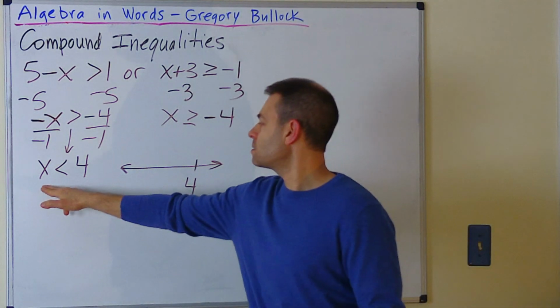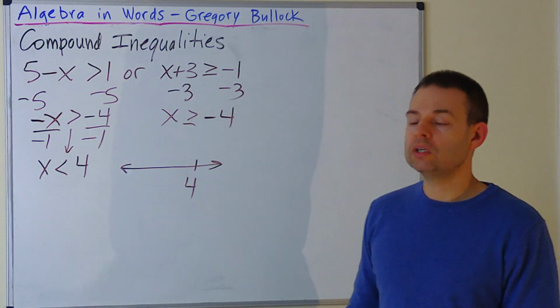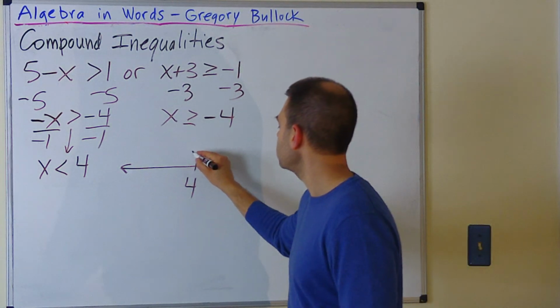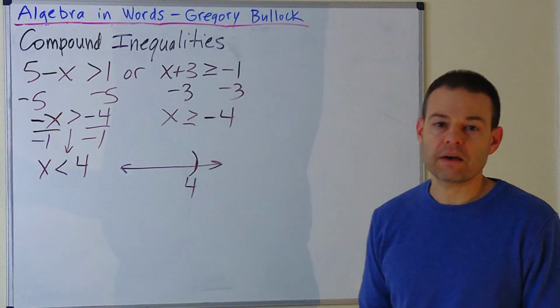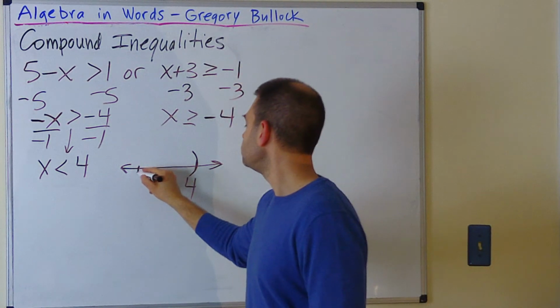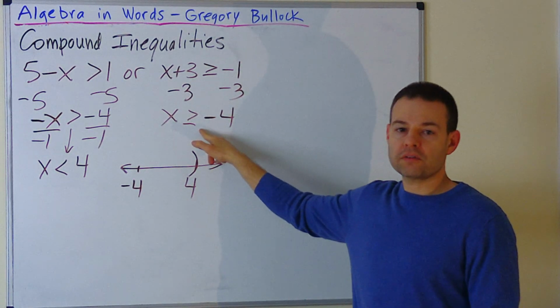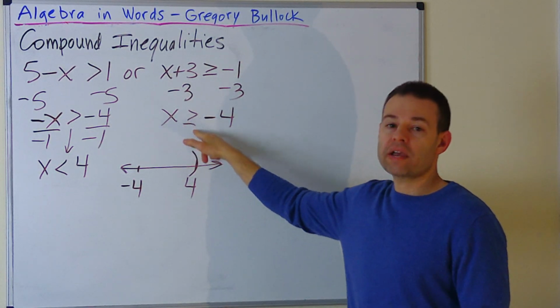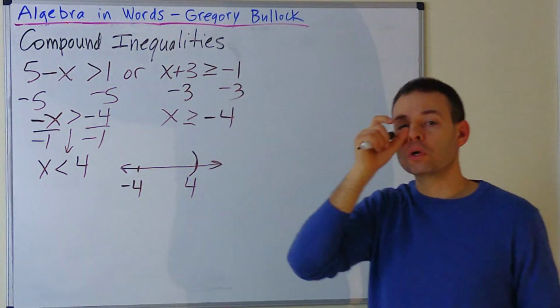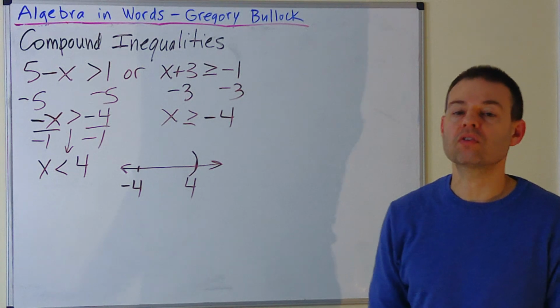And since x is less than 4, and it's a non-inclusive symbol, we're going to draw that with a parenthesis open to the left. And now we're going to plot the negative 4, and that is an inclusive symbol where x is greater than or equal to negative 4, so we're going to show that by a bracket, open to the right.